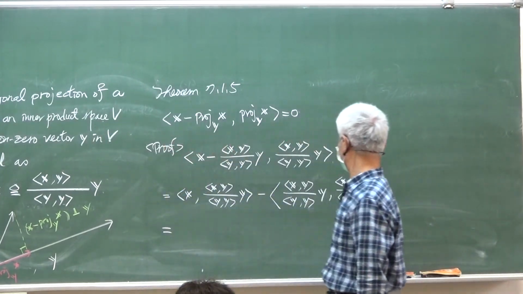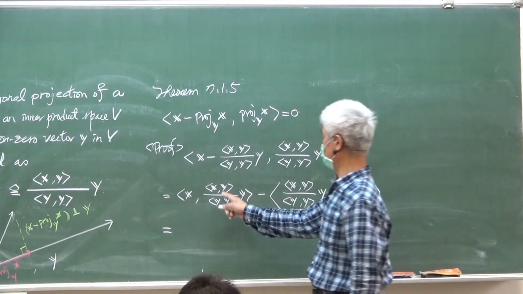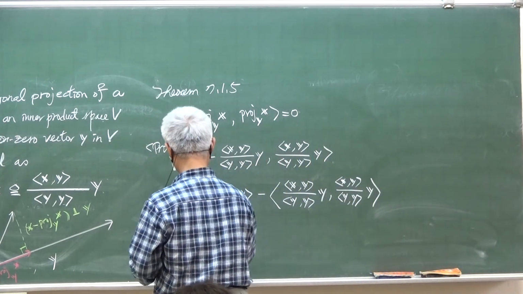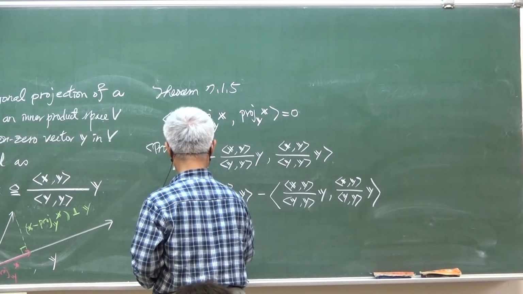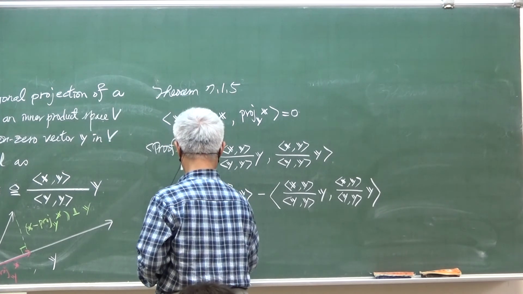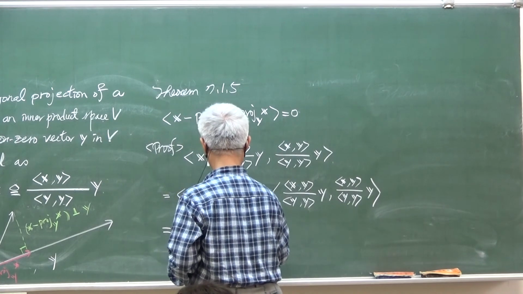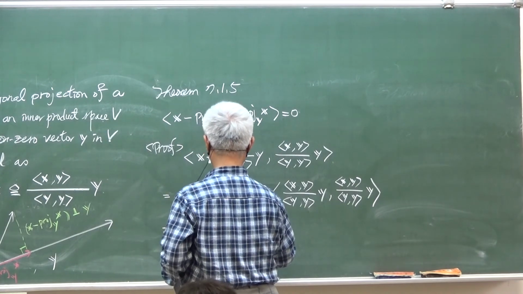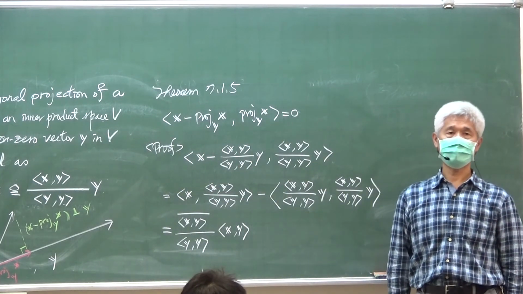And by conjugate linearity in the second argument, we have the conjugate.